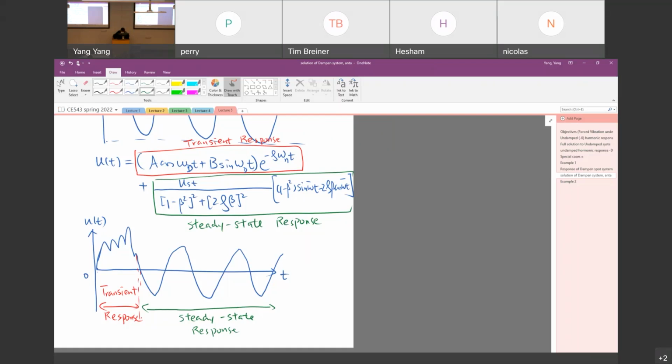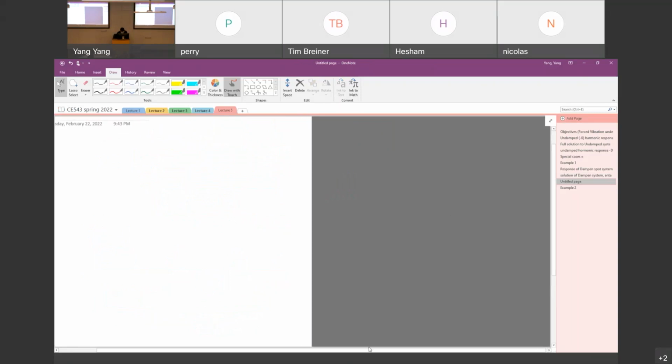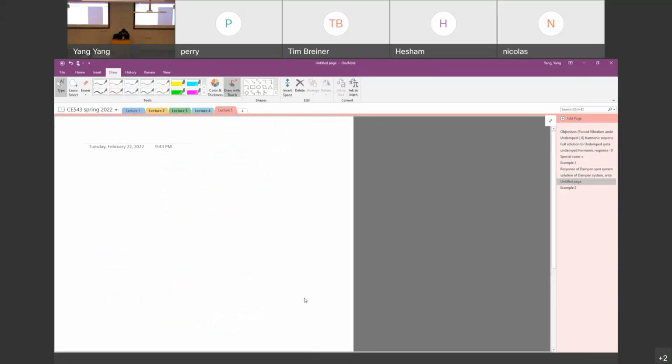Now let's see what will happen. Since the steady state response will be the eventual response of the system here, if we just focus on the steady state response, we can introduce an amplification factor, the dynamic magnification.